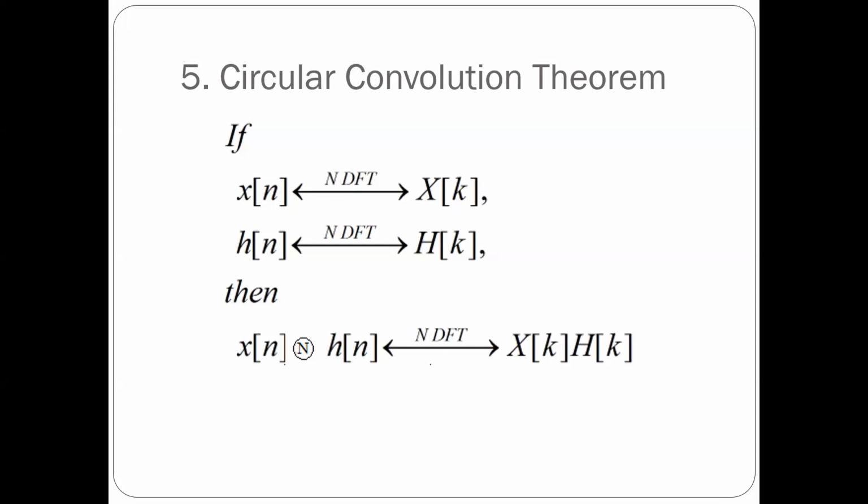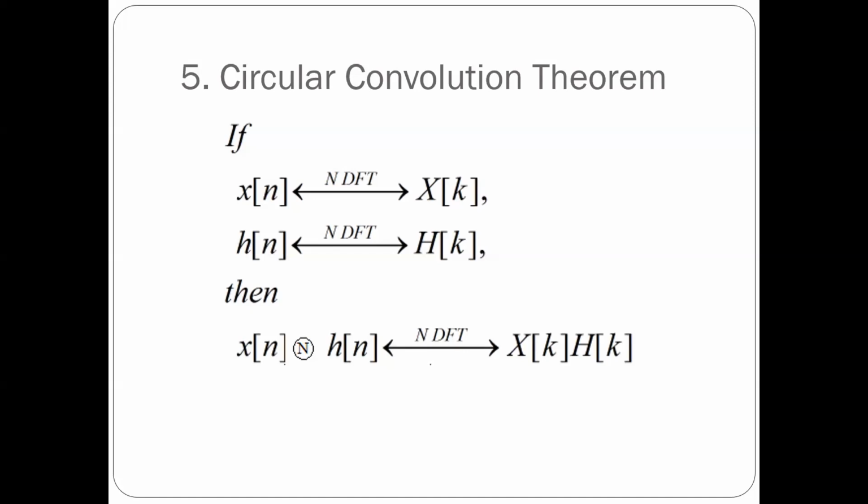And now the answer lies in the frequency domain representation of circular convolution. So we will read out the circular convolution theorem, which states that if x of n has got an N-point DFT given by X of k, and if h of n has got an N-point DFT given by H of k, so we will think of x of n as a signal and h of n as a filter, which represents the impulse response of the filter.